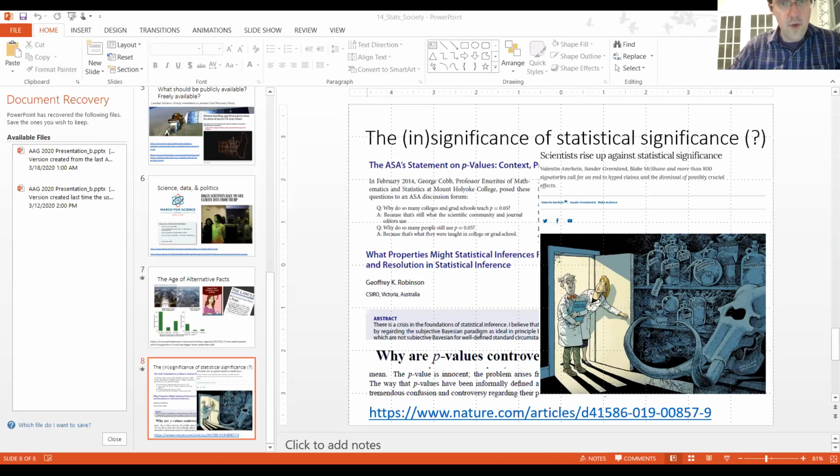So we have these different ways in which the society and statistics interact, both in terms of what data is collected, what data is shared, how it is analyzed, who gets to access that data.